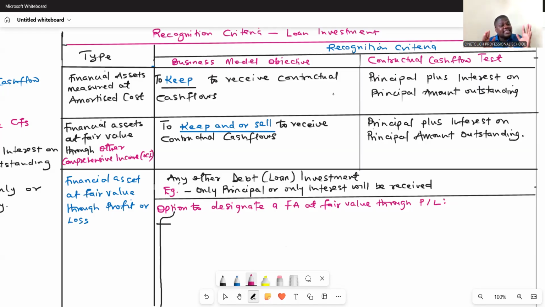Let's go to IAS 36 impairment. It says that impairment, we know it's treated in the profit or loss account. But if the impairment is caused by revaluation, then it will depend on where the revaluation difference is treated.